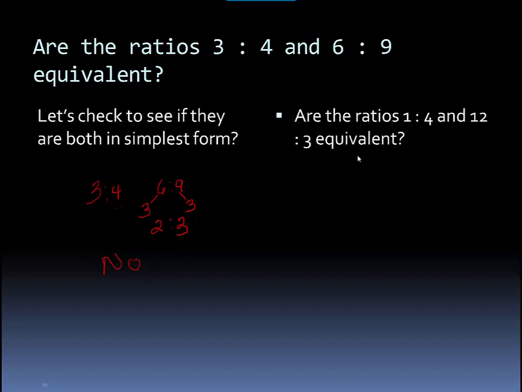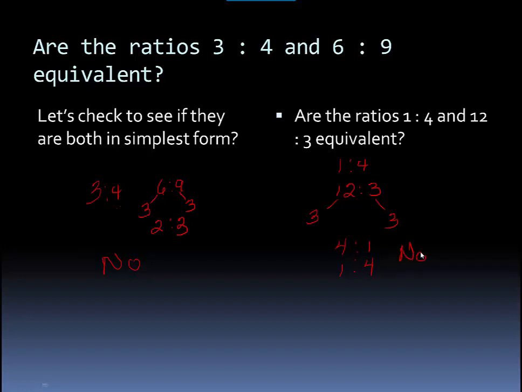Let's look at 1 to 4 and 12 to 3. 1 to 4 is in simplest form. Now let's use 3. 12 divided by 3 is 4, and 3 divided by 3 is 1. So we have 4 to 1 and 1 to 4. Are these the same?